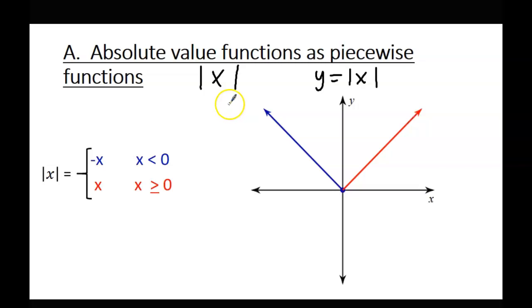You guys agree, what happens if I plug in a 3? What do I get? I get a 3. What happens if I plug in a negative 3? You get positive 3. So if you plug in a number that's bigger than 0, does it change?